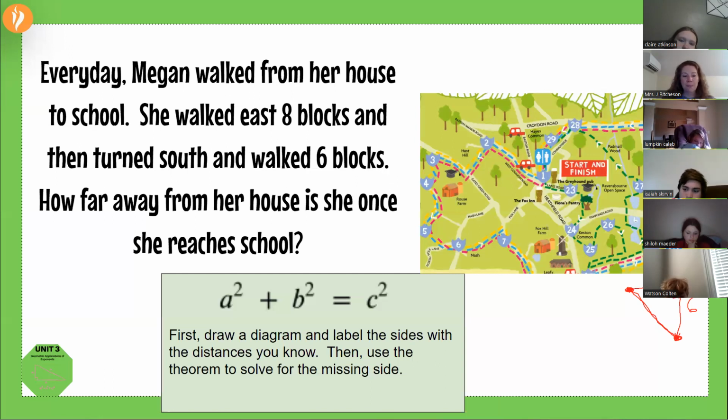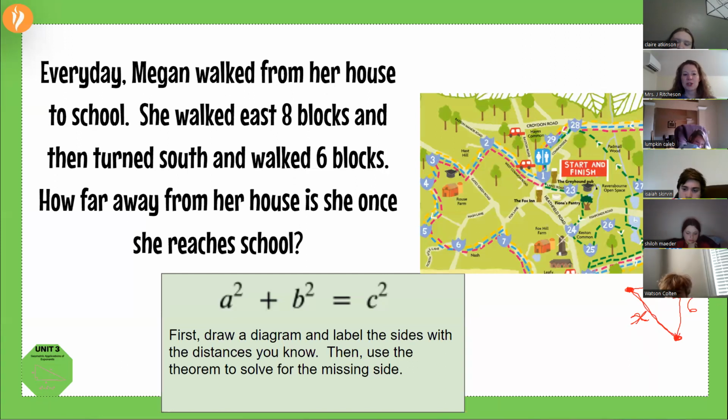Do you agree? So we're looking for what? Are we looking for the legs? Are we looking for the hypotenuse of a right triangle? What are we solving for? Who can tell me? Is this X going to be the legs or the hypotenuse?